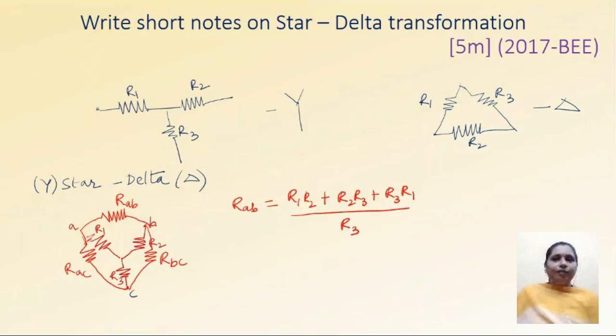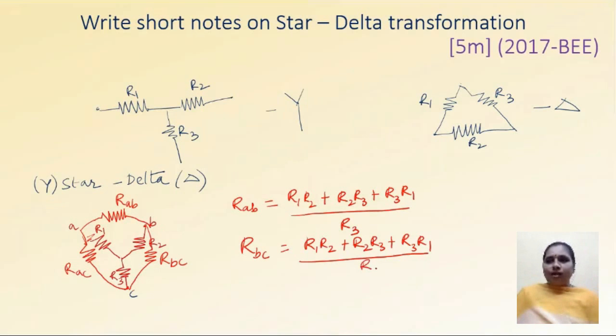So the summation of the product of two resistors divided by the opposite resistor gives you the resistance between A and B. Similarly, RBC is the same: the product of two resistors divided by the opposite resistor. What is the resistor opposite to points B and C? It is A, so that is R1.